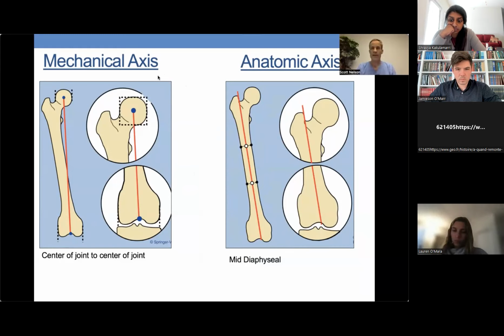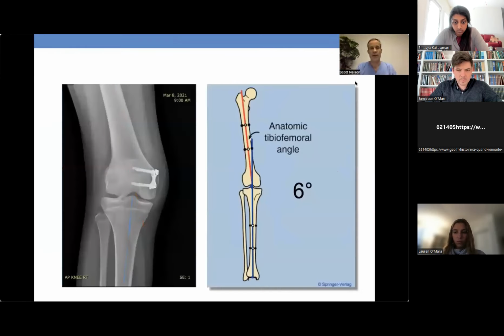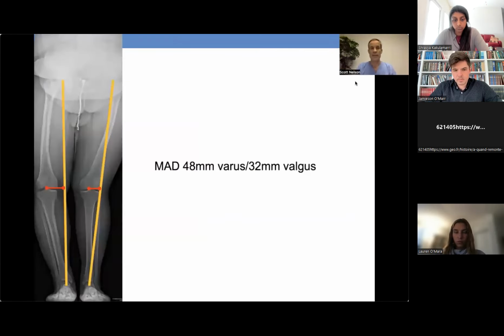The mechanical axis is defined by a line drawn from the center of the femoral head to the center of the knee, or I should just say more generally, the center of one joint to the center of another joint. We talked about the mechanical axis of the lower extremity, and that was from the center of the hip to the center of the ankle.